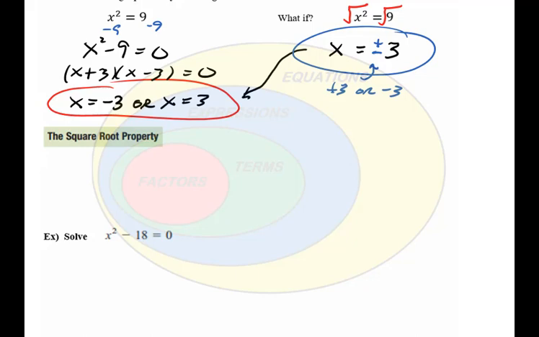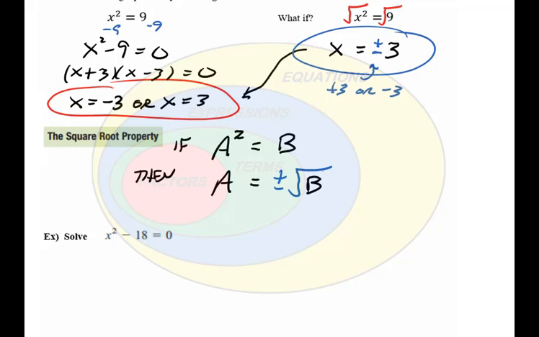So the square root property says this. Say I've got a perfect square. I'm just going to generalize this like an a squared. If a squared, which just represents a perfect square, equals some number, we'll just call it b, then a would equal plus or minus the square root of b.